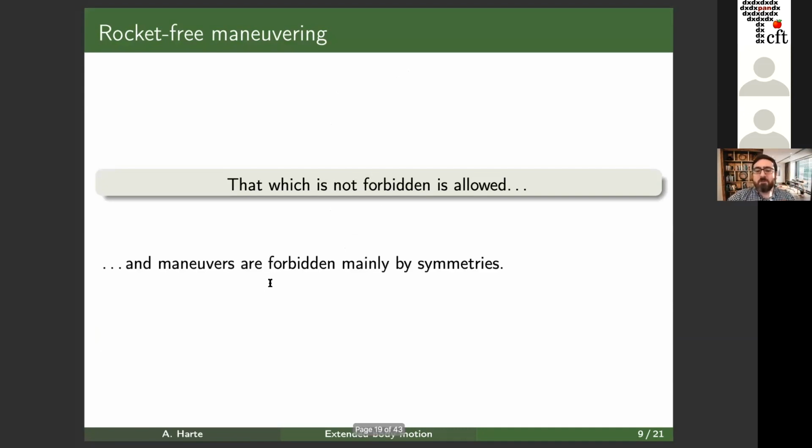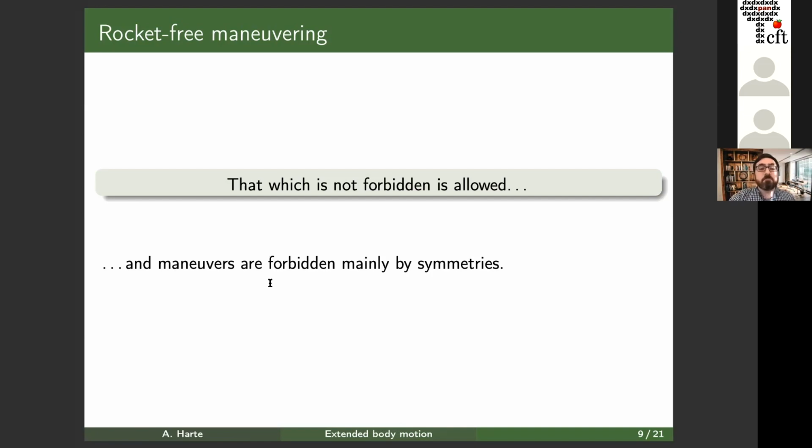So what is forbidden? You're forbidden to do things by symmetries. If your system has some sort of symmetry in it, that's going to imply a conservation law, and no matter what kind of clever mechanism you have in your spacecraft, that mechanism will not be able to violate that conservation law, and that will prevent you from doing certain things.